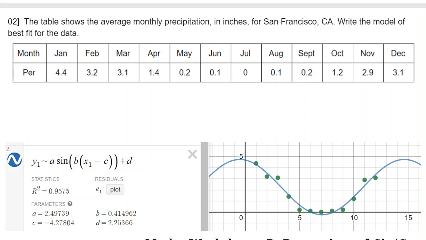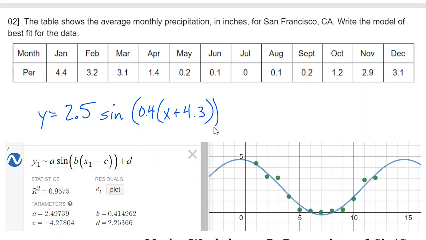Now, write the model of best fit. So we're going to say y equals 2.5 sine. B is going to be about 0.4. Then x minus negative 4.3, that's going to be x plus 4.3. And then we're going to go up 2.3.